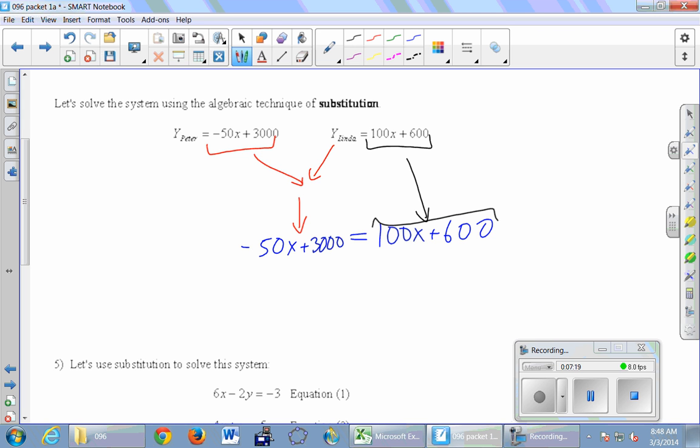It doesn't matter. I generally try to keep my stuff positive if I can. Should we bring the x's left or right? Let's bring them to the right. So we'll add the 50x to both sides. And then we'll move that 600 over by subtracting.